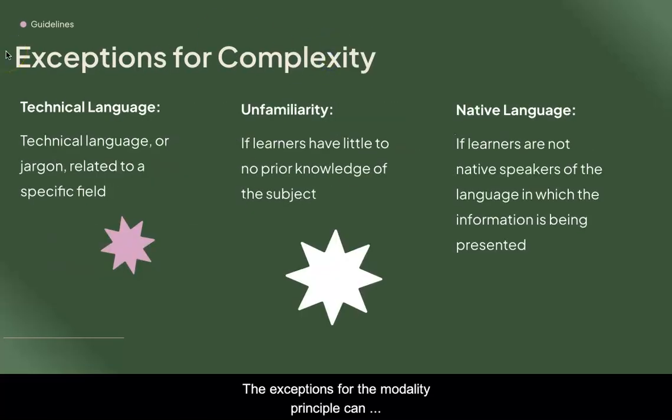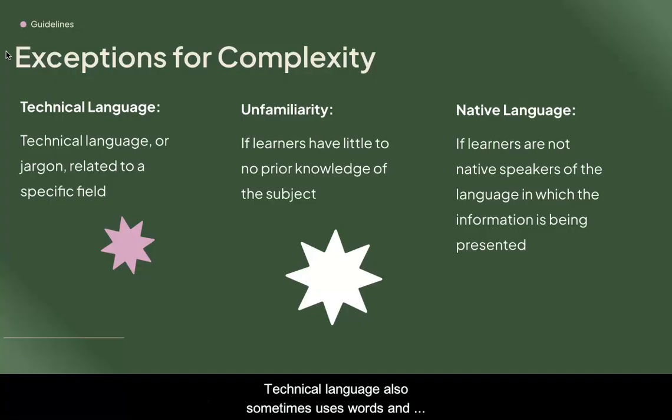The exceptions for the modality principle can generally be separated into two separate groups. The first group of exceptions are related to the complexity of the information being presented. The three exceptions that fall into this category are technical language, unfamiliarity, and native language. First, technical language or jargon that relates to a specific field often contains words and acronyms that learners may not recognize.